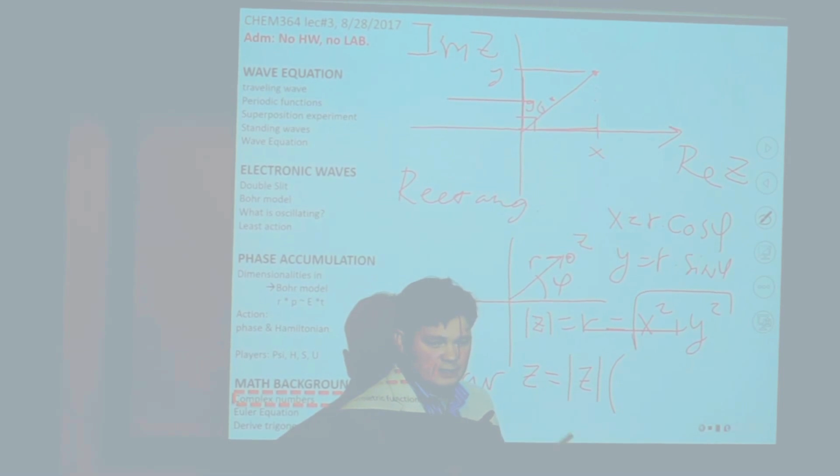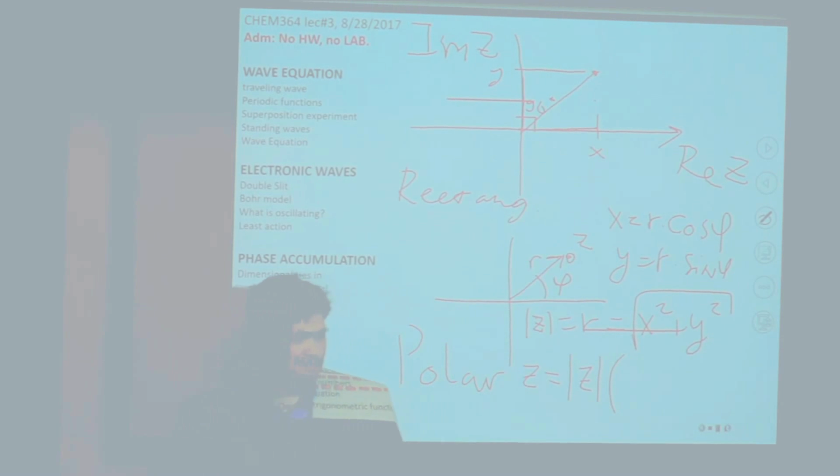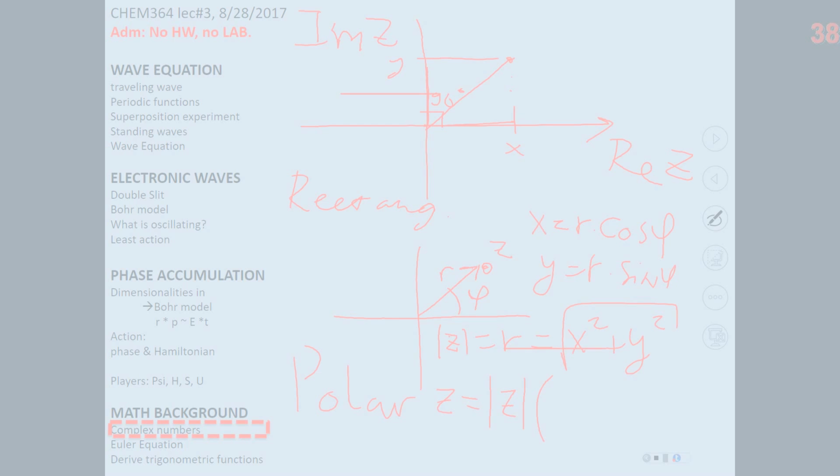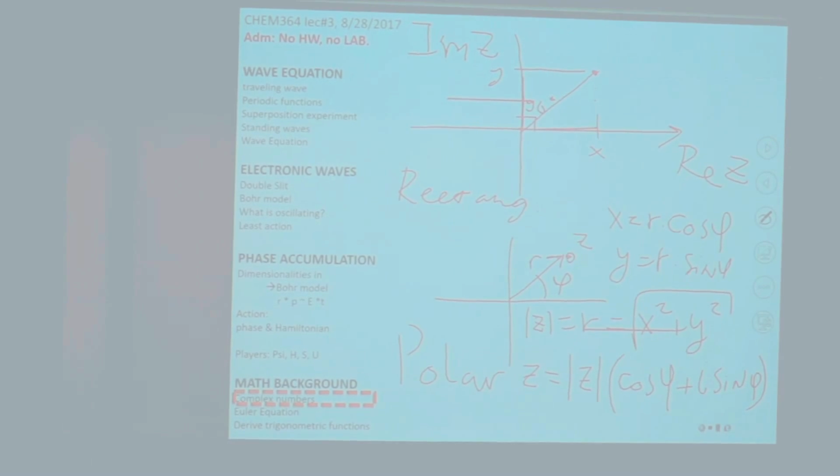If you build a vector with projections sine and cosine at the same angle, you get a vector with length 1 because sine squared plus cosine squared equals 1. Cosine phi plus i times sine phi. So at least we have a conversion from polar to rectangular system of coordinates.